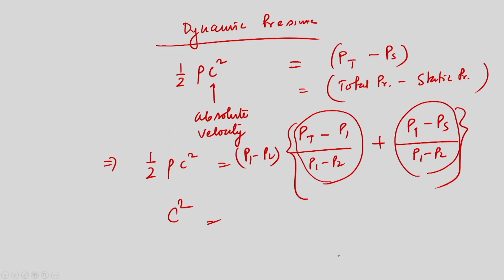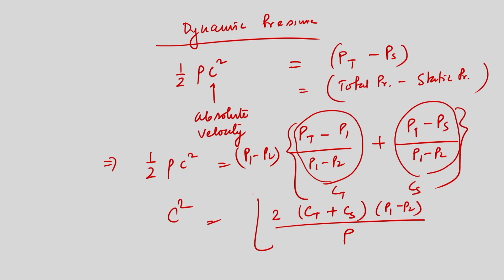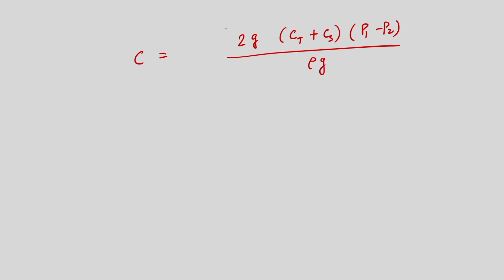So, I can write c square is equal to 2 (Ct plus Cs) into (P1 minus P2) divided by rho, or with g, rho g. One step further, c is equal to (2g into (Ct plus Cs) into (P1 minus P2) divided by rho g) to the power half.